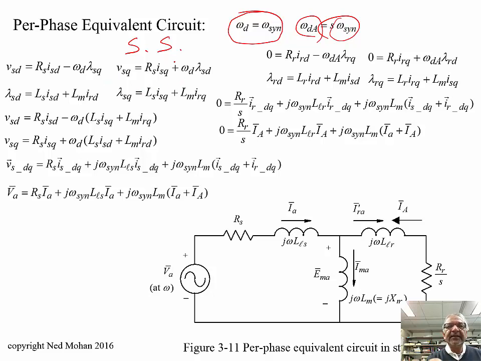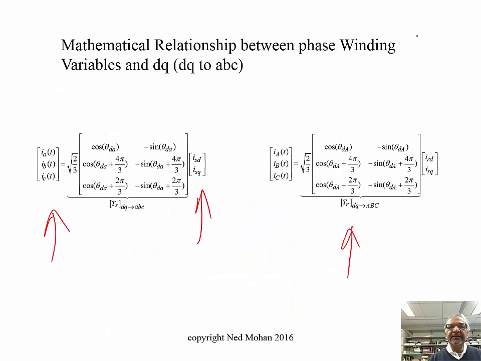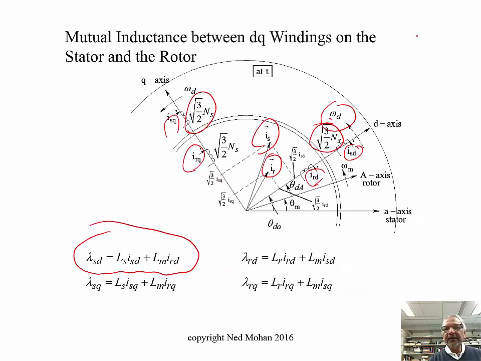With that, we can simplify. In steady state, the other thing to remember is that the d/dt terms you saw in the dynamic equations earlier are equal to 0. The reason is that if we go back to this drawing, all these space vectors that we have, including the d-axis and q-axis windings, in steady state are all rotating at synchronous speed, so there is no relative speed between them.